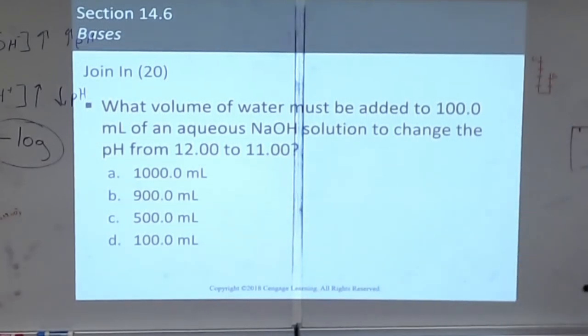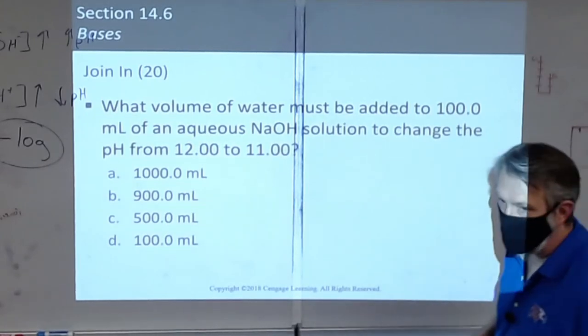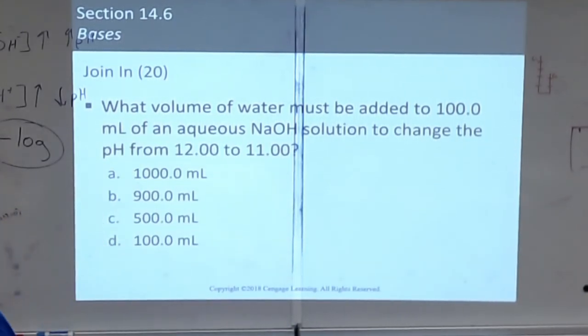There's a question we always ask, how much do you add to get to this? And they miss it year after year because they didn't read the word add. Not what the new volume is, but how much do you need to add? Okay, good. You need to add 900 mLs to end up with a final of 1,000. That would change my pH from 12 to 11. Cool.